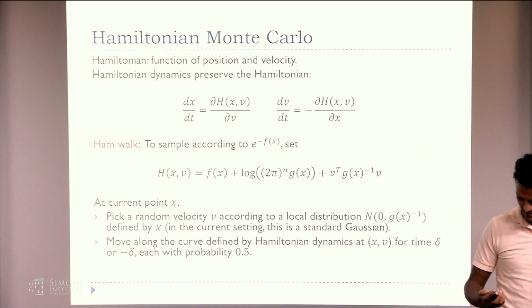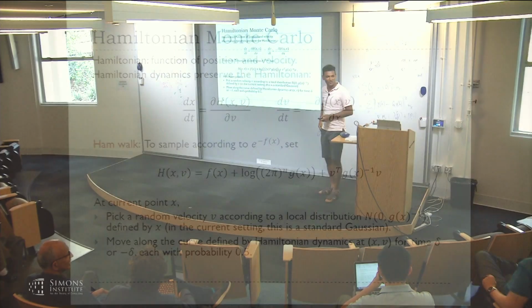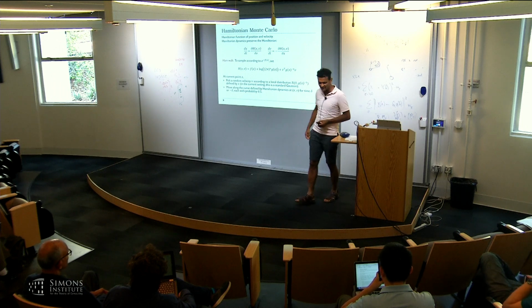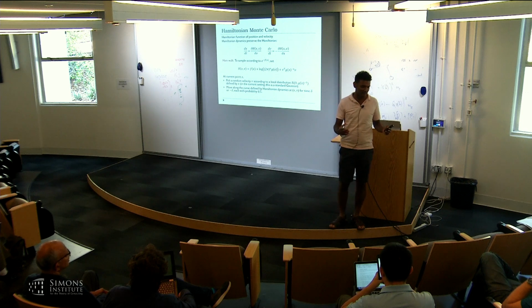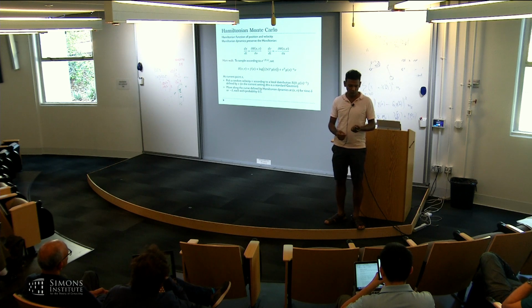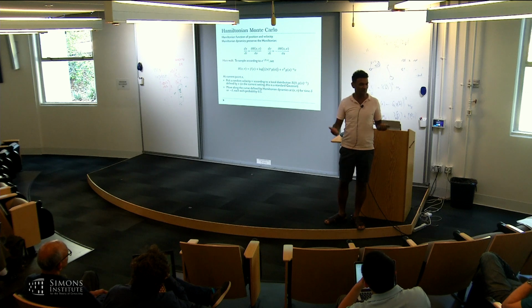G in general is, so at each point you don't have to sample from the same Gaussian. You have the flexibility of defining the Gaussian depending on the local point. And one way to do it would be to have a local metric, for example, the Hessian of some convex function.